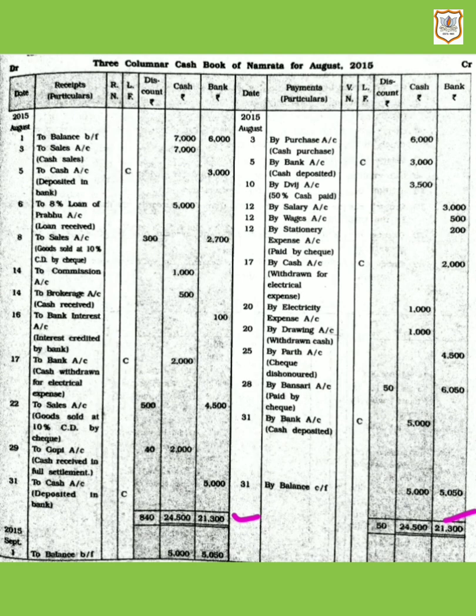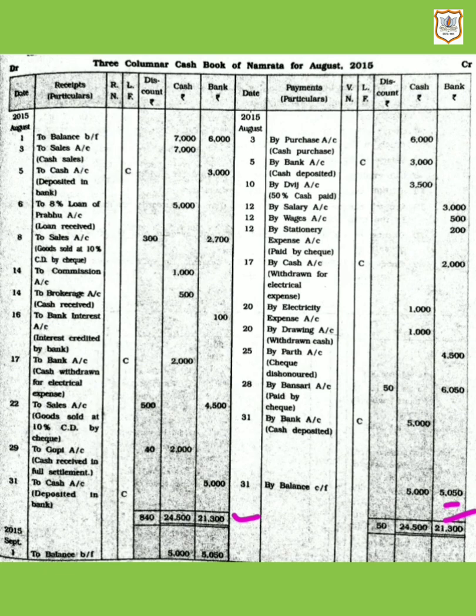Now as the total of the bank column on the debit side is bigger, obviously the difference will appear on the credit side, and here the difference is 5,050. That means the total of the bank column on the debit side minus the total of the bank column on the credit side will give you 5,050 rupees, that is the closing bank balance.